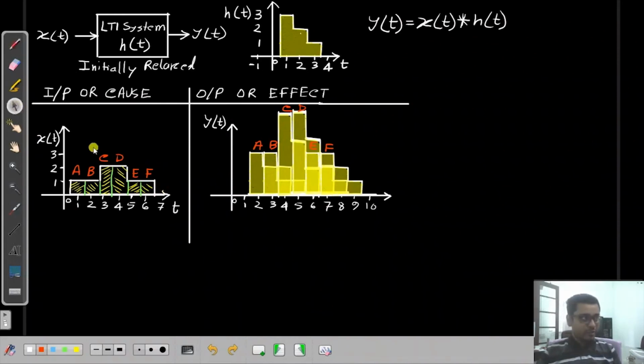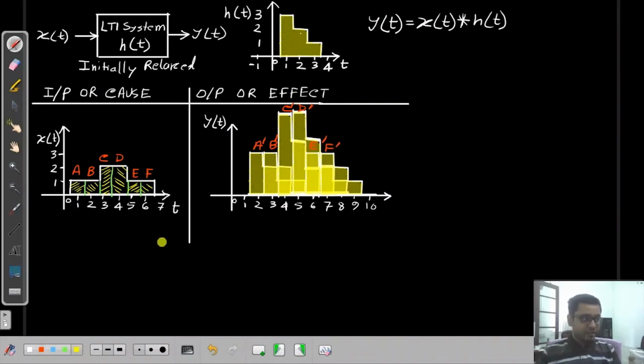So let me call the effect of A as, say, A prime, that is this part, the effect of B as B prime, effect of C as C prime, and so on, D prime, E prime, F prime.